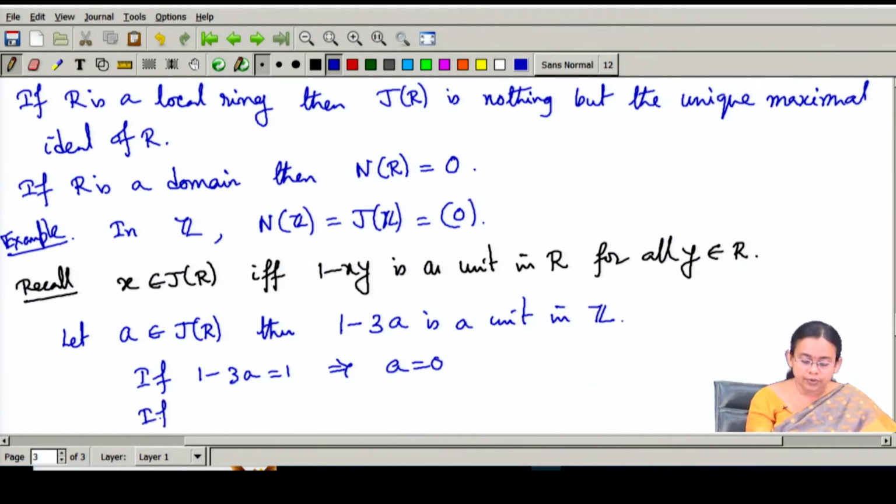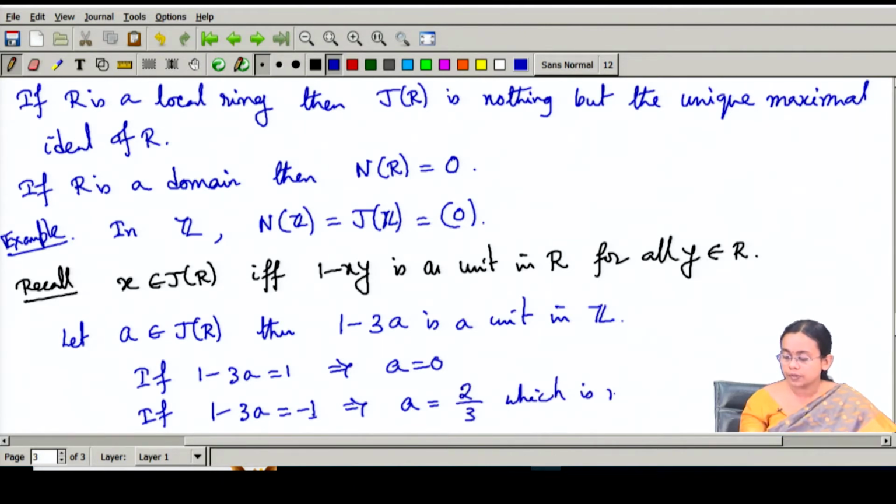And if 1 minus 3a is equal to minus 1, the other unit in Z, then I get a equal to 2 by 3, which is not possible, because a should be an integer.